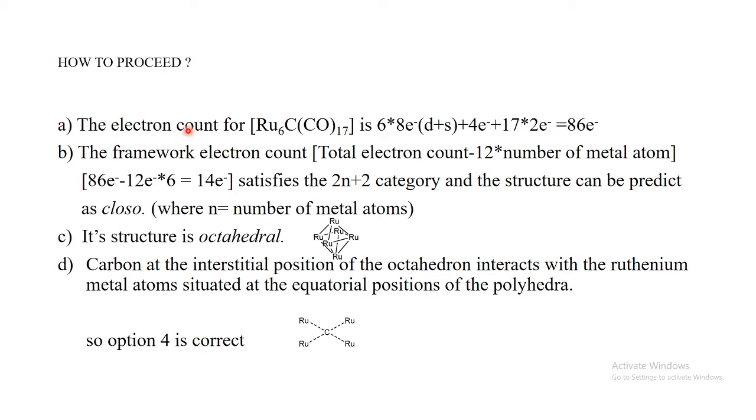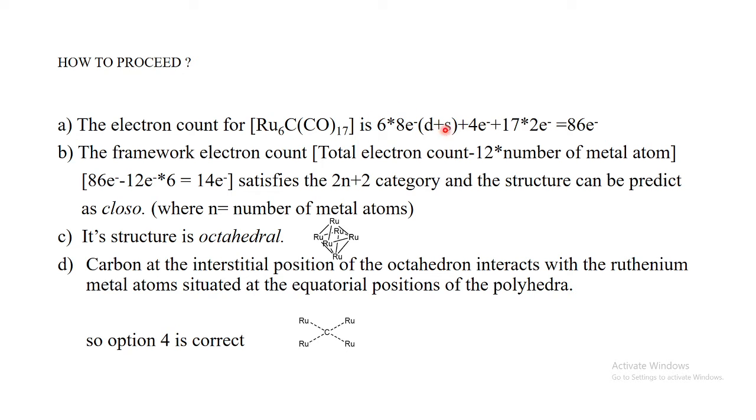So the electron count for the complex is, we have 6 ruthenium metal atoms, so 6 into 8 electrons, that is, ruthenium falls in the group of iron, so iron is d6. So ruthenium also has 6 d electrons. So in the neutral atom method, we also count the number of s electrons. So 6 plus 2 is equal to 8 electrons.